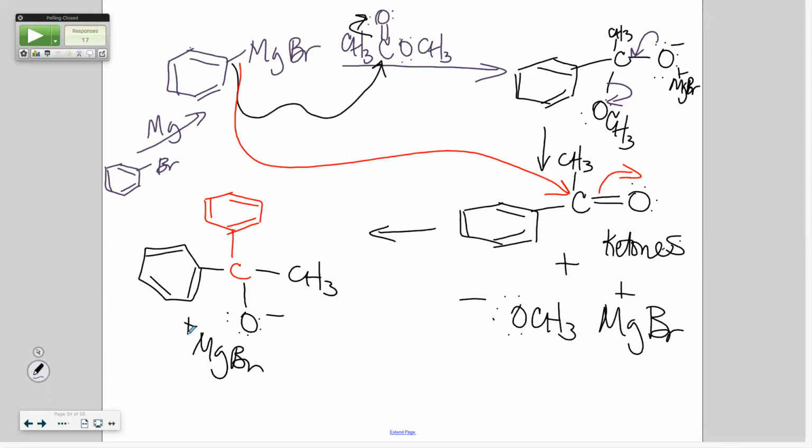All right, so now we're going to take this and we're going to add acid. Okay, so we're going to make what kind of alcohol? Tertiary.